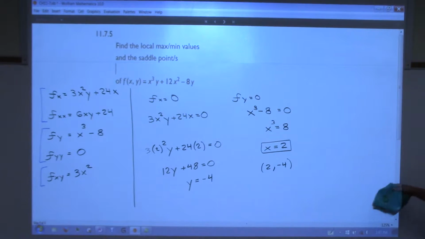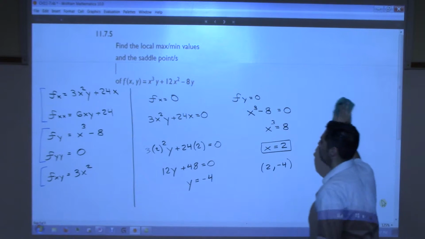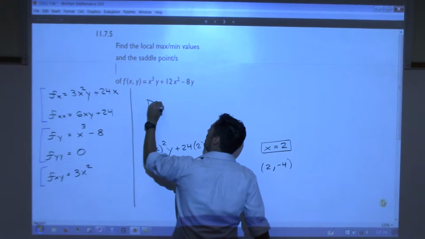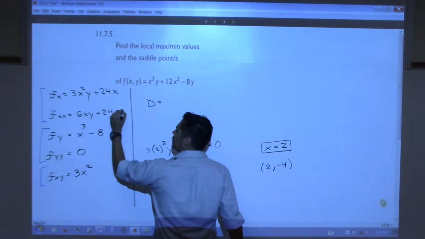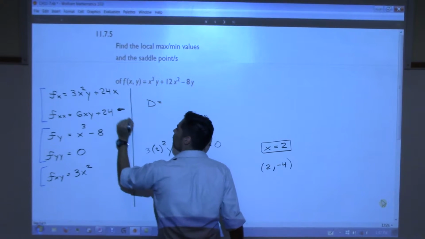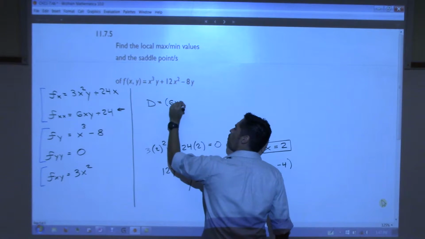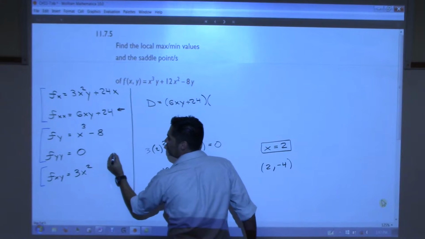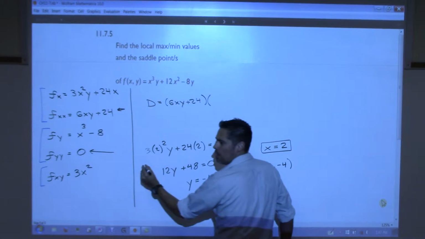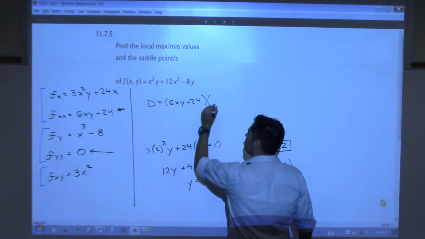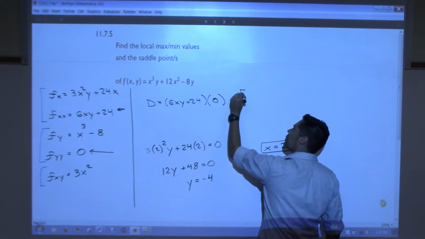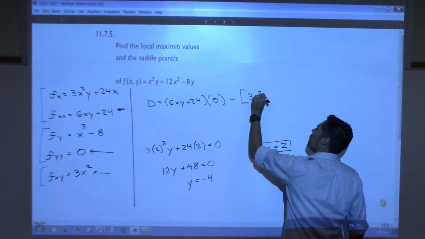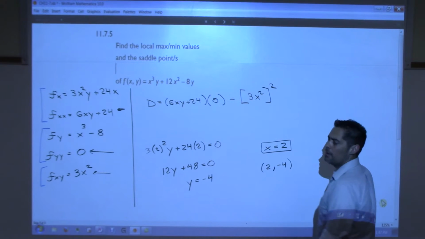You ready to compute d? All right, so let's look at d. D will be the second partial, this one right here. So 6xy plus 24 times fyy, 0, minus 3x, that quantity squared.